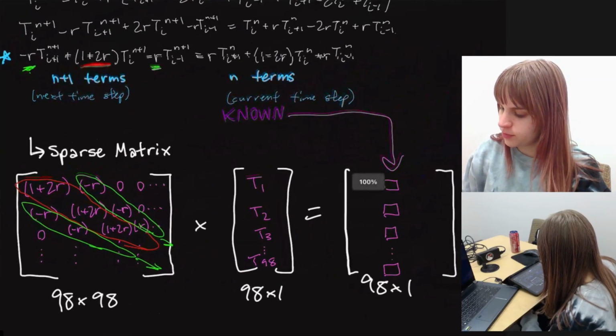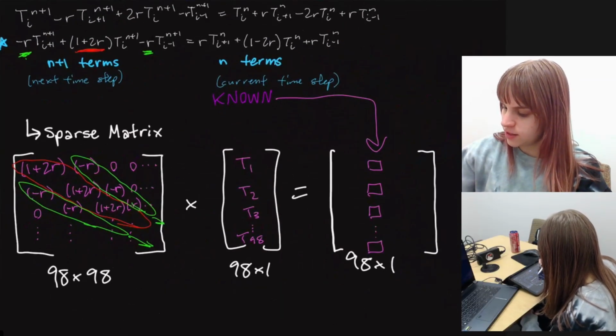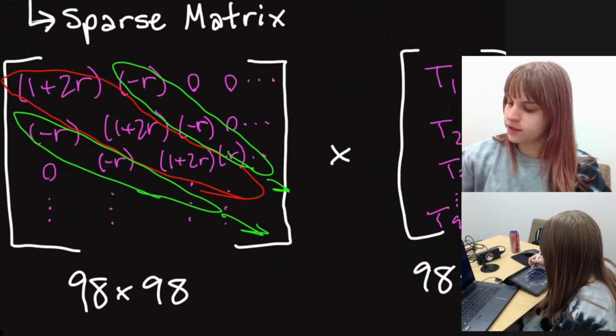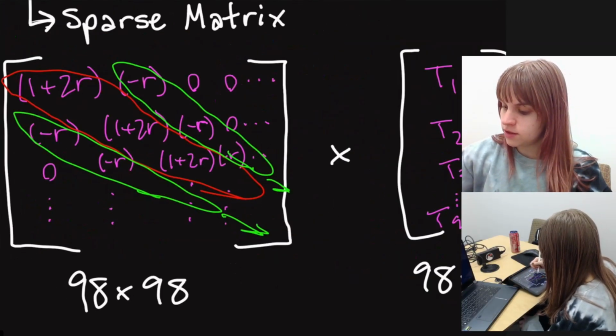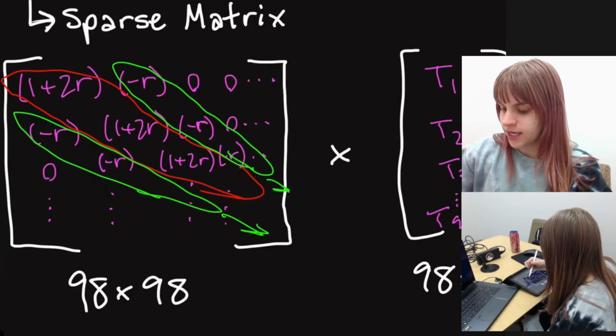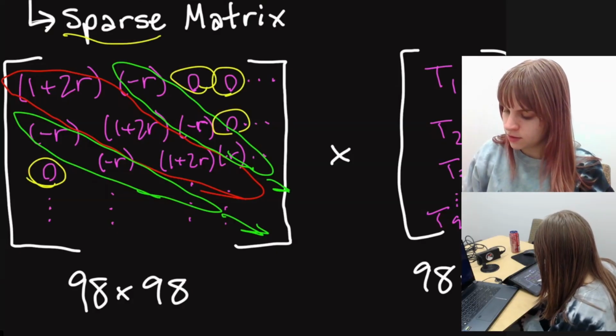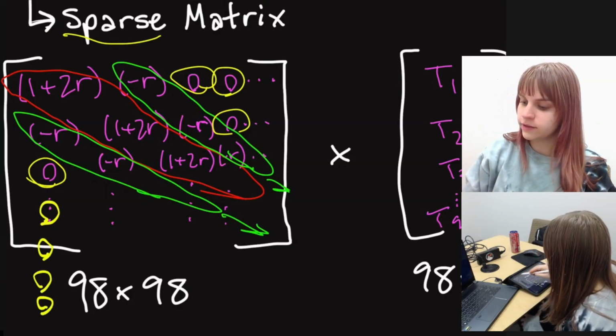And when we multiply them, we basically get our known values. It's called a sparse matrix because other than the diagonals of 1 plus 2r and negative r, everything else is all zeros. So this would be all zeros until it reaches the end.